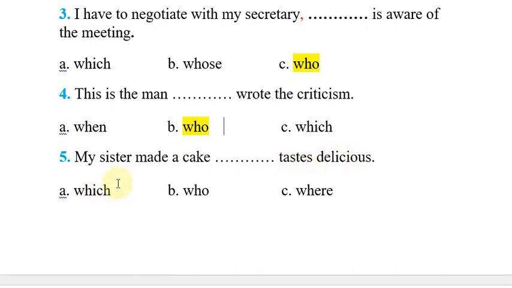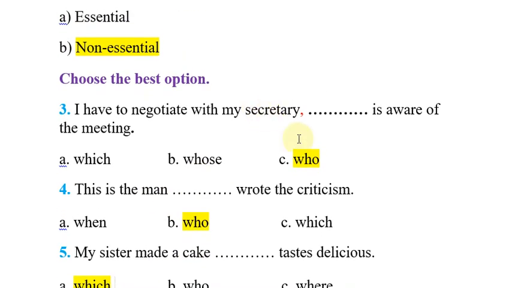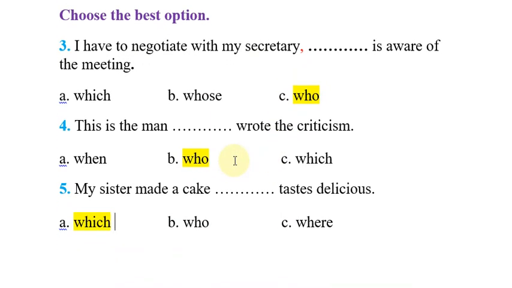Which, who, where tastes delicious? The answer is which. Which talks about things. Cake, things. Man, people, who. Secretary, person, who. Good so far. Thank you.